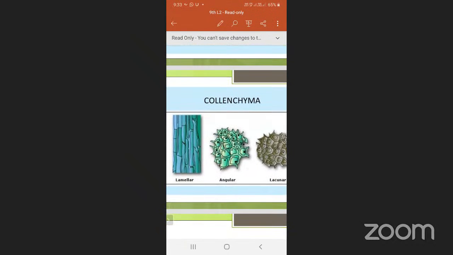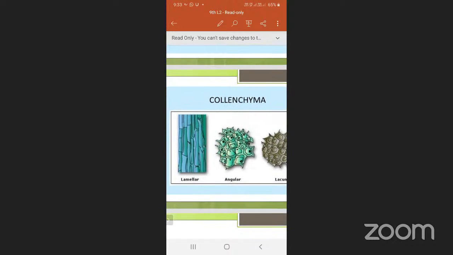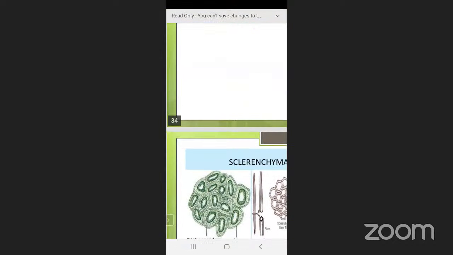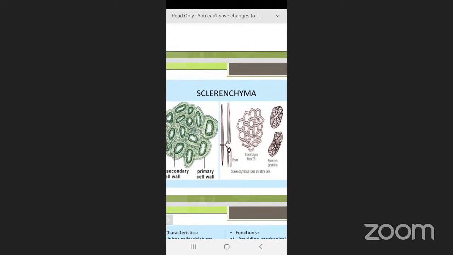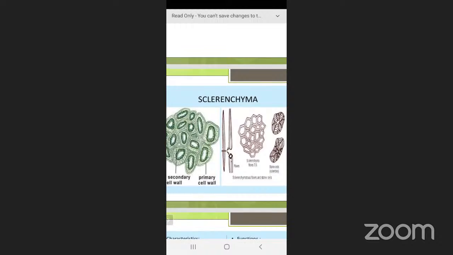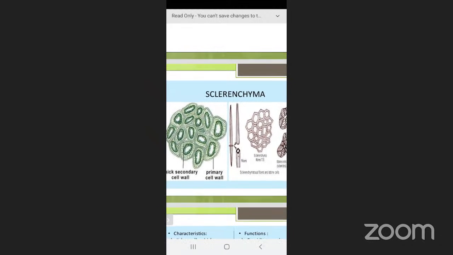Collenchyma tissue has thick-walled, longer cells when compared with the parenchyma, as discussed already. What about sclerenchyma? Sclerenchyma cells are thick-walled and tightly packed without spaces.